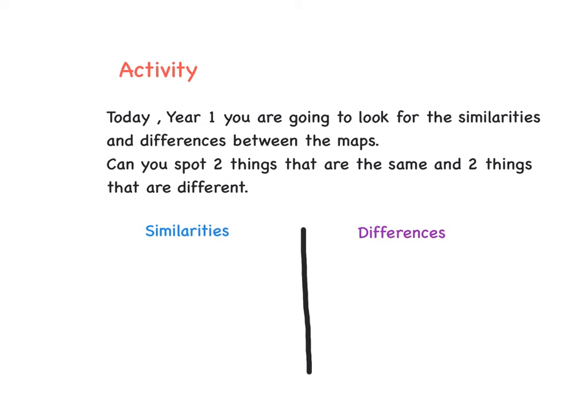You can either draw or write down your similarities and differences. If you like, you can add extras to your list too. If you see any other things that are the same or any other things that are different, please feel free to add them.